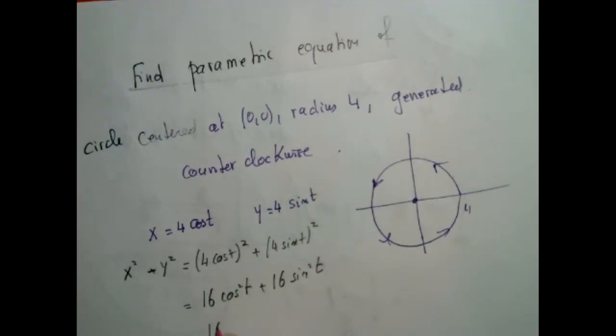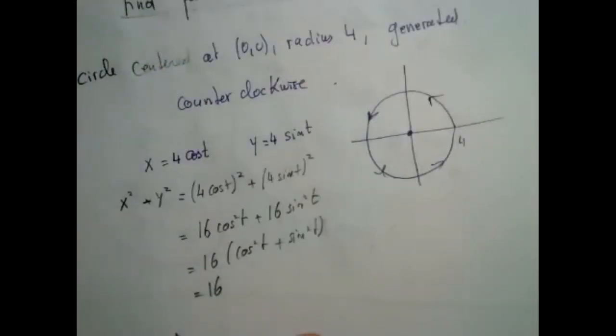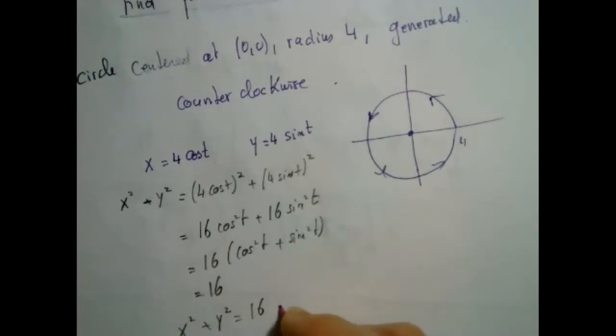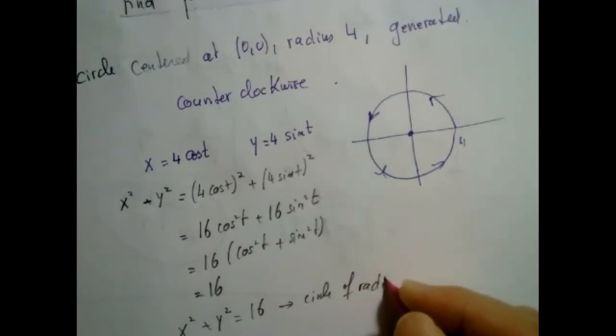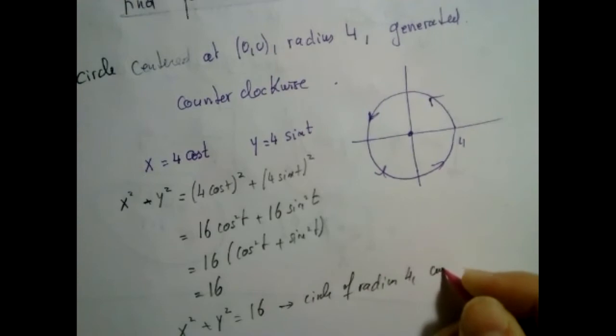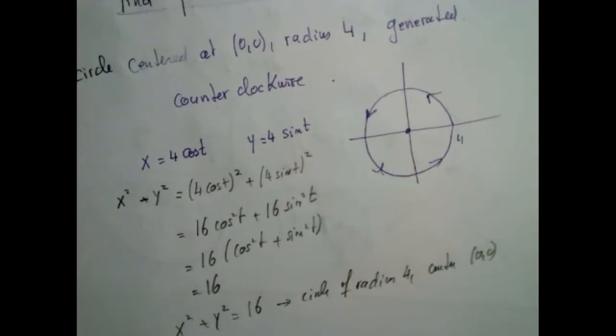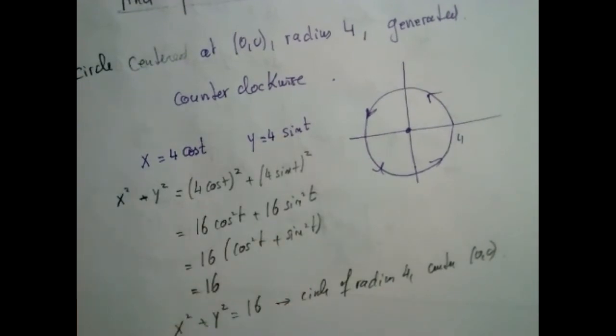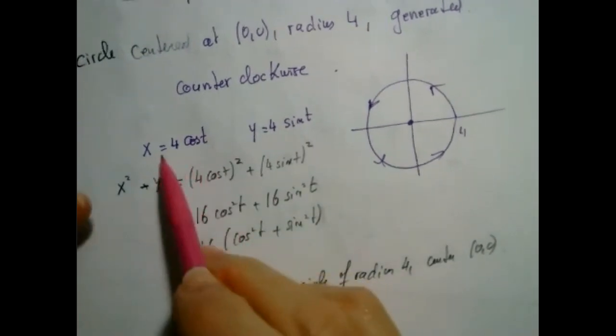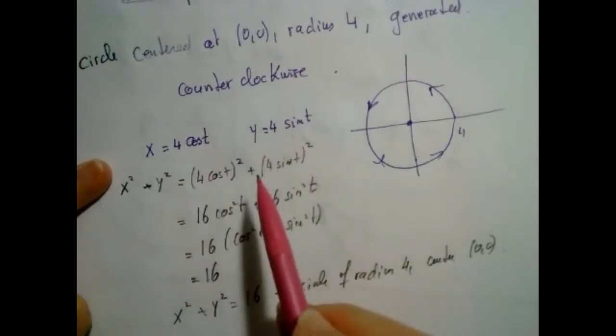Now, if I factor out the 16, I have cosine squared plus sine squared, which is equal to 16. It means x squared plus y squared equals 16. That's a circle of radius 4 centered at 0, 0. Okay, so to get a circle of radius 4 centered at 0, 0, I need x equal 4 cosine, y equal 4 sine.